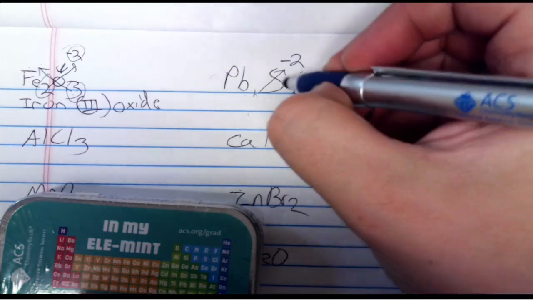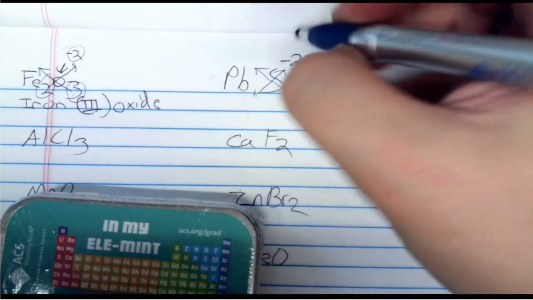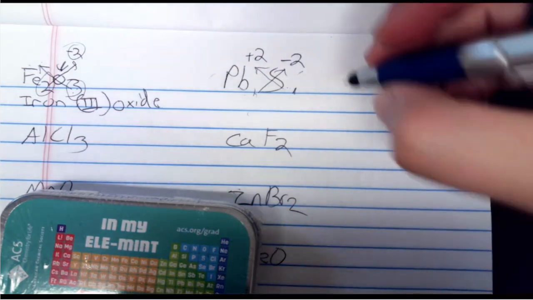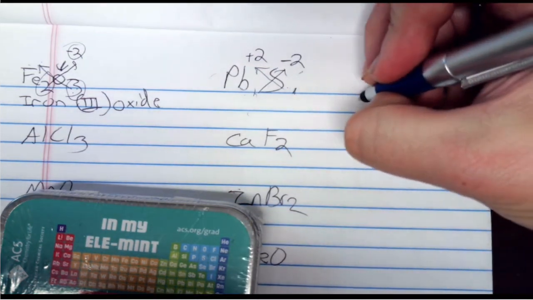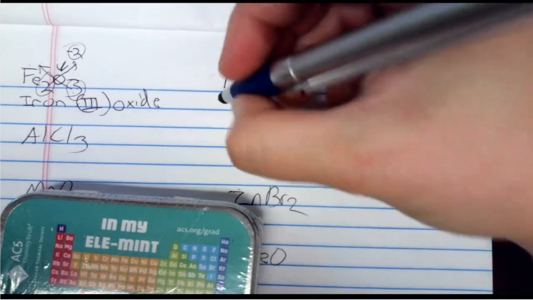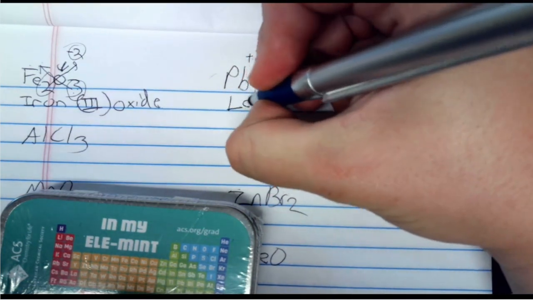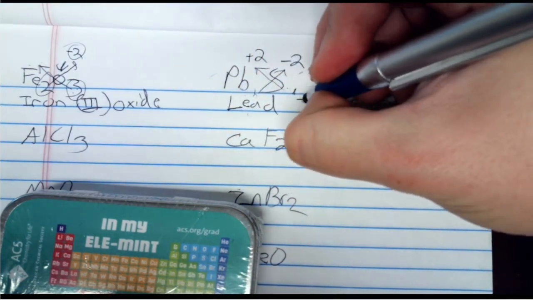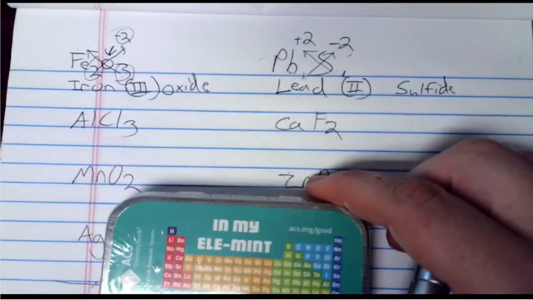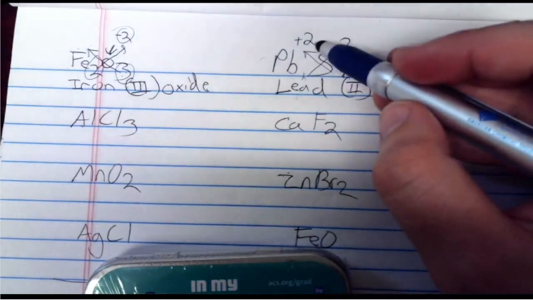So what's the likelihood of this matching? Oh, well, that has to be +2 in order for that to match. So this is sulfide, but Pb is lead. So lead 2 sulfide.